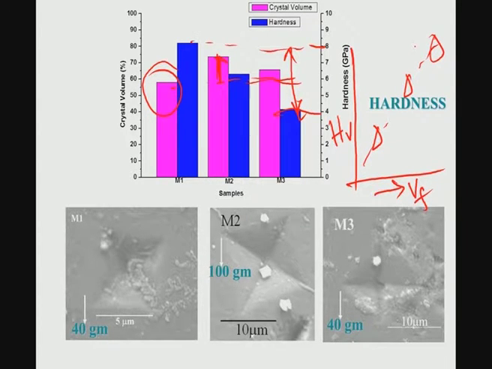This kind of trend is not observed here, simply because the morphology changes as you go from M1 to M2, as I have shown you before, and from M2 to M3. Because of the change in crystal morphology, any systematic trend of increasing hardness with increasing volume fraction of crystals could not be realized in the present case.